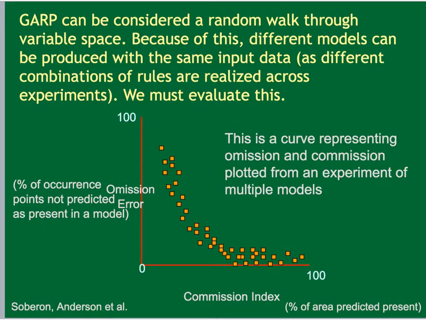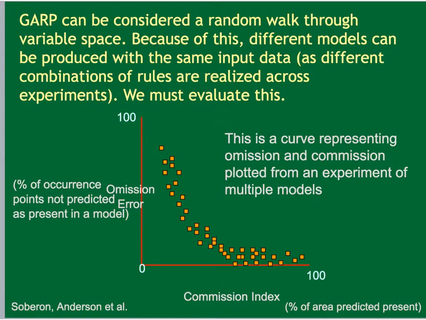Because of that opportunity for stochasticity, or randomness, because of all those models, a single GARP experiment is made up of hundreds of models. The best subset procedure then reduces that down to the most appropriate models in an experiment, and those are what we then map. And you can learn more about that on our other videos here on the channel.